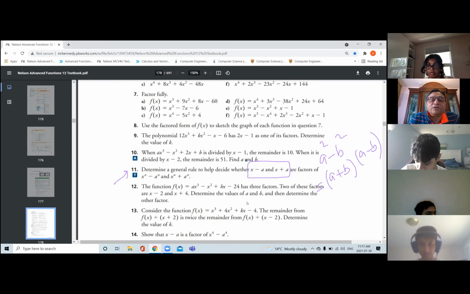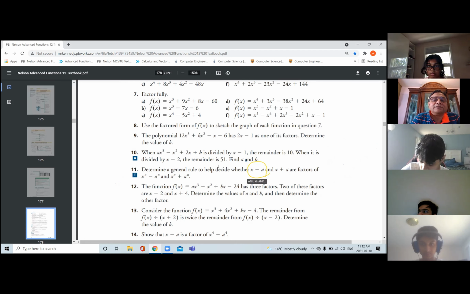But when it is an odd power, not this one, which question are we working on? This 11. When n is odd, then we know only x plus a is the factor, correct? When it is odd, in that case, we have corresponding factors. Do you understand? When n is odd.